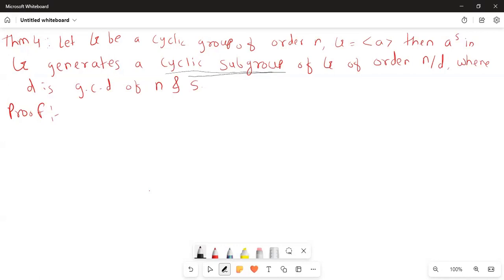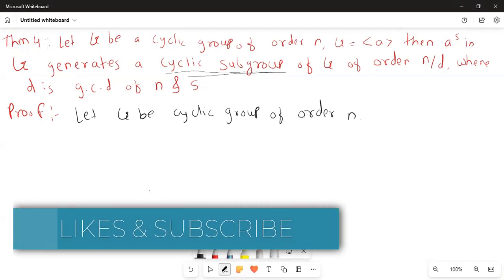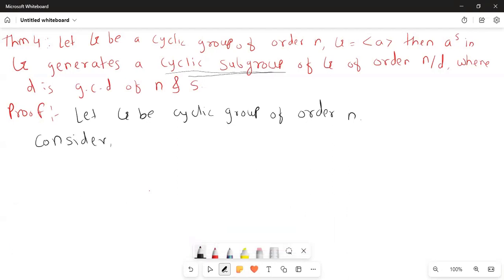Look at how we prove it. First, let G be the cyclic group of order n. Consider b equal to a raised to s, which is given, and it is a cyclic subgroup of G. Let us denote the subgroup by H, and it generates a cyclic subgroup, so it can be written in triangular brackets.